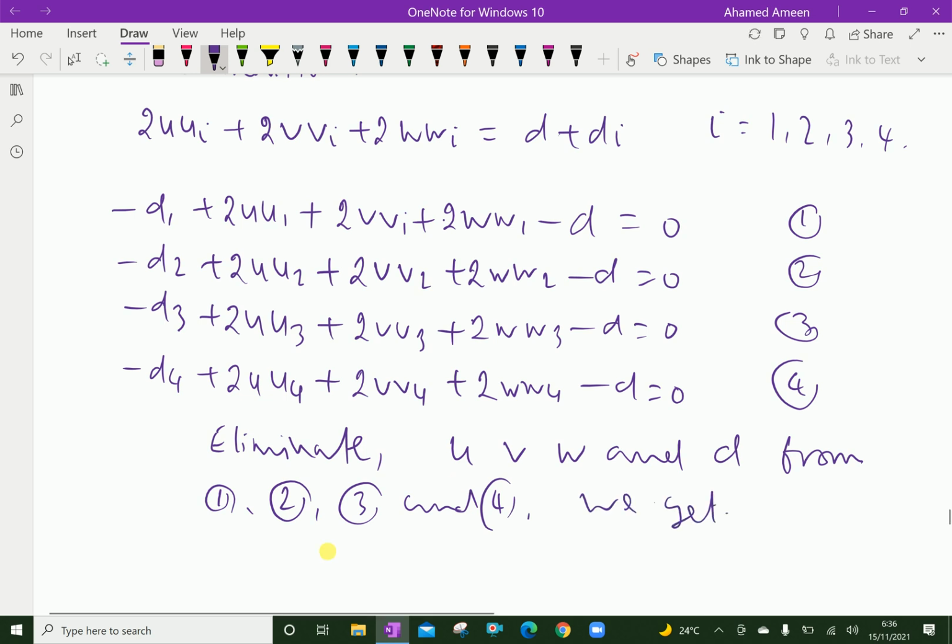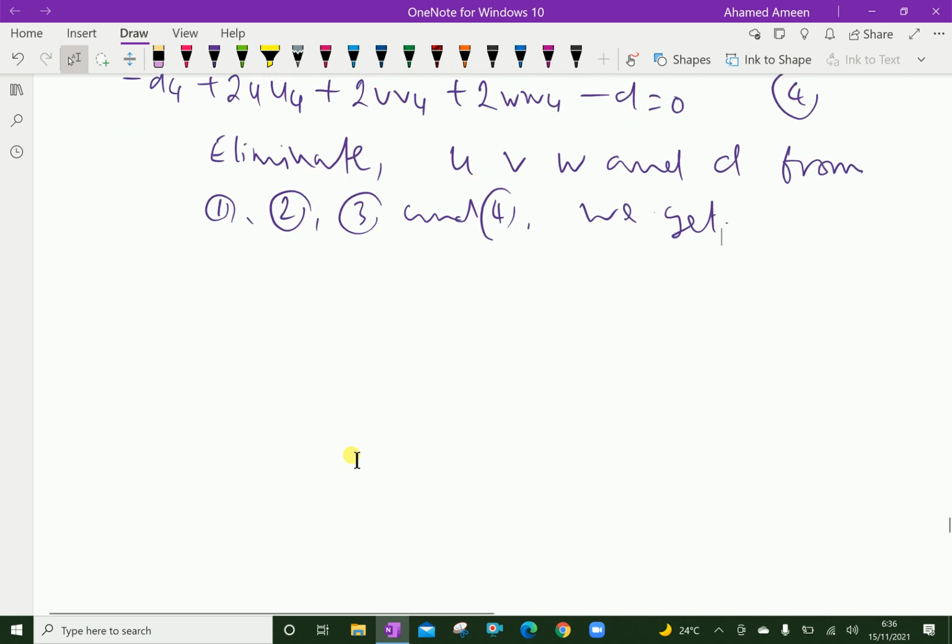We get it in determinant form. For simplicity, we'll write the determinant form. That is x square plus y square plus z square, x, y, z, 1.